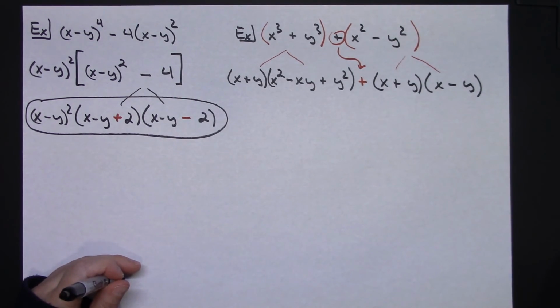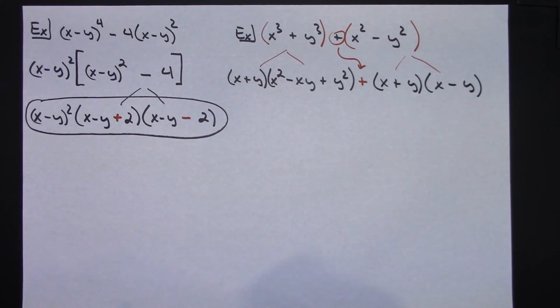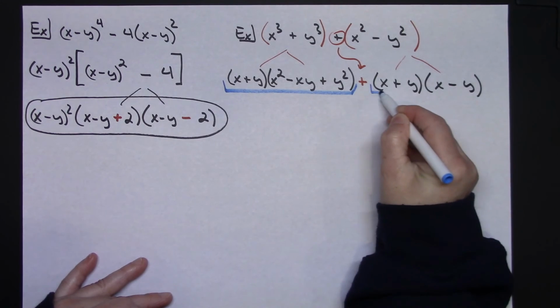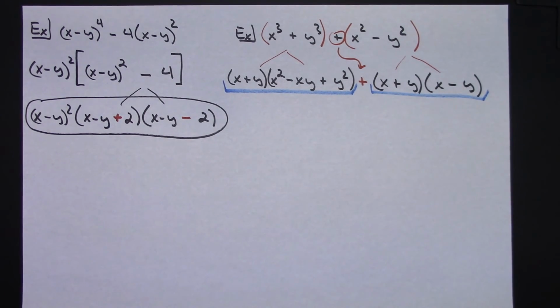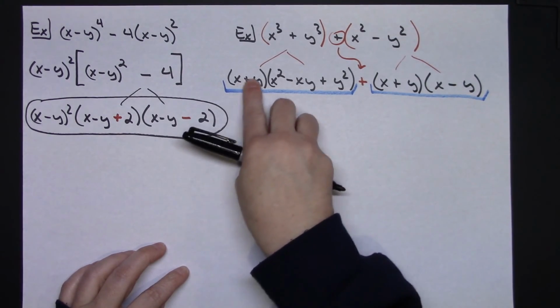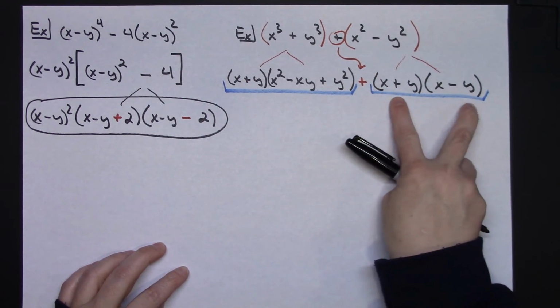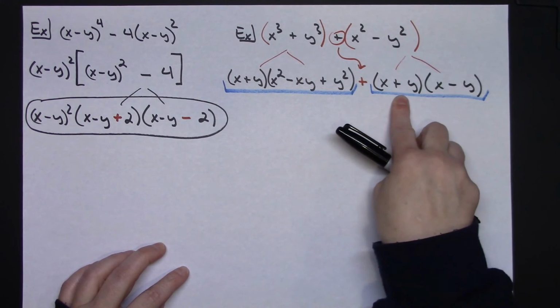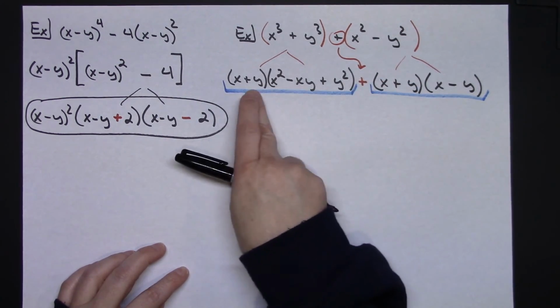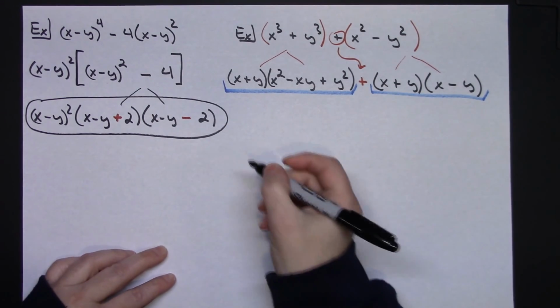However, if I look at this being my first term and this being my second term, I can look for a greatest common factor. I've got a binomial that is an x plus y here. In this term, I have also an x plus y binomial. So I can take out the binomial of x plus y.